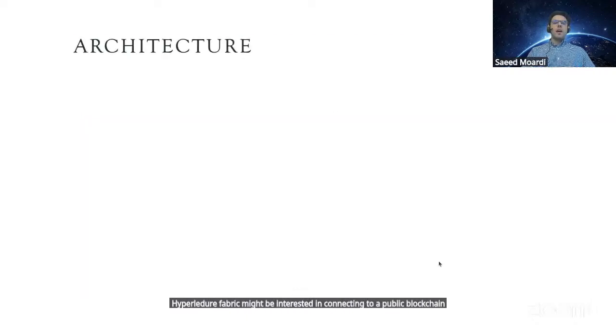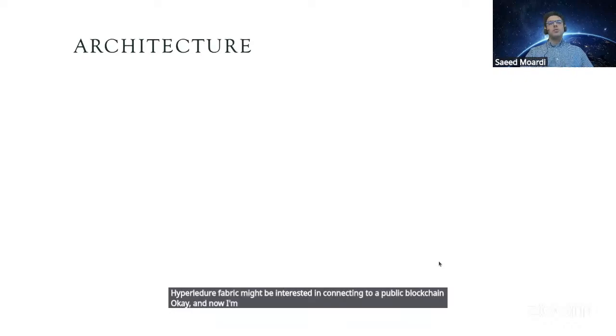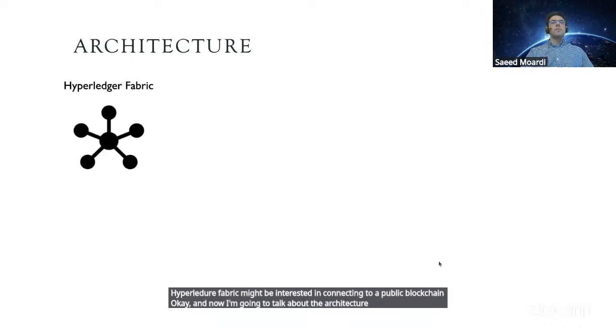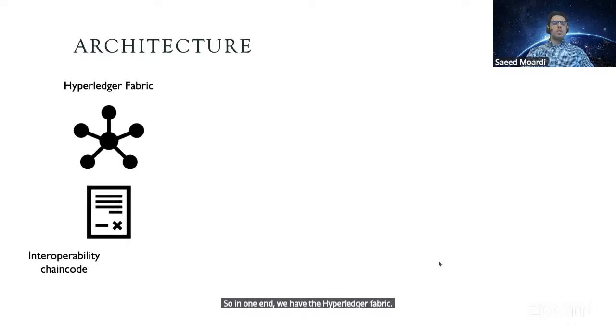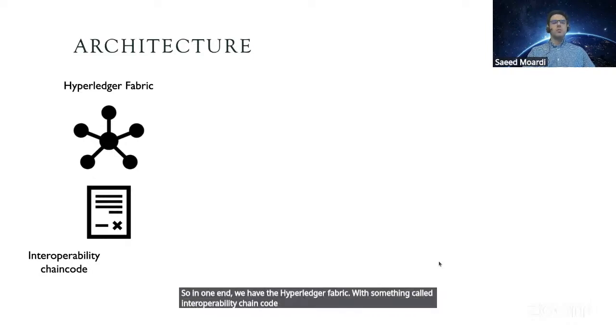Okay, and now I'm going to talk about the architecture that we are proposing. On one end, we have Hyperledger Fabric with something called an interoperability chain code. So we have a smart contract, or chain code, installed on our Hyperledger Fabric node.